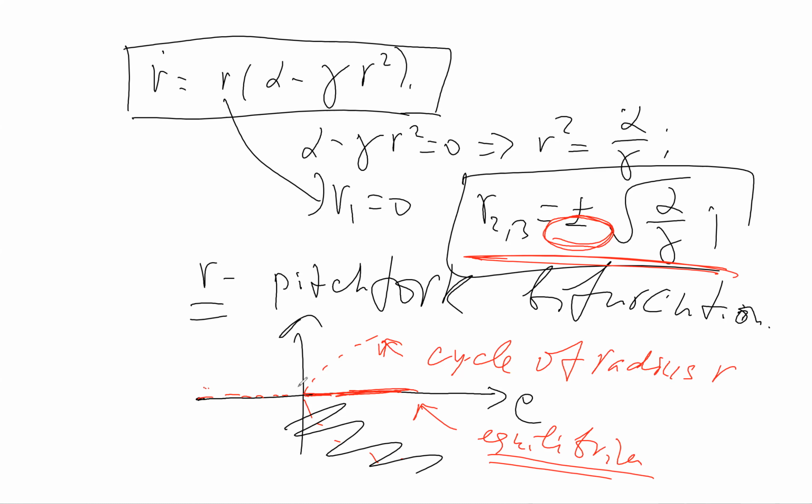On the other hand, we can imagine it could be like this: stable here, unstable here, and stable here. So this is supercritical. Now we remember that the negative branch doesn't make sense.